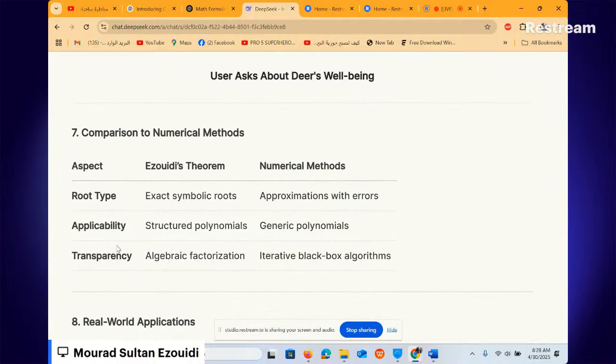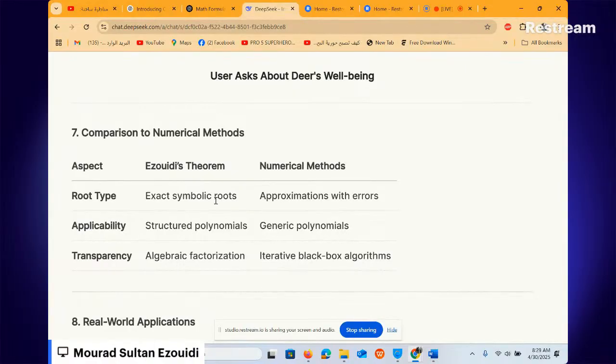Okay, so here the comparison. These are the aspects: root type, applicability, and transparency. For the theorem of Murad Sultan Ezouidi and numerical methods, we compare one by one. For root type, Ezouidi gives exact symbolic roots; for numerical methods, approximation with errors. For applicability, Ezouidi theorem handles structured polynomials; numerical methods, generic polynomials.